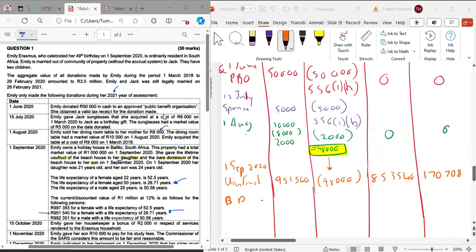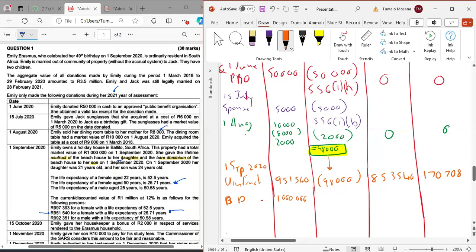I'm sorry, James, I was muted. The bare dominion of the property, your calculation, you explained to us, will be the fair market value of the property less the annual value, which is the capitalized amount at 12%, and that is the lesser of the period of enjoyment or the expected life of the holder.